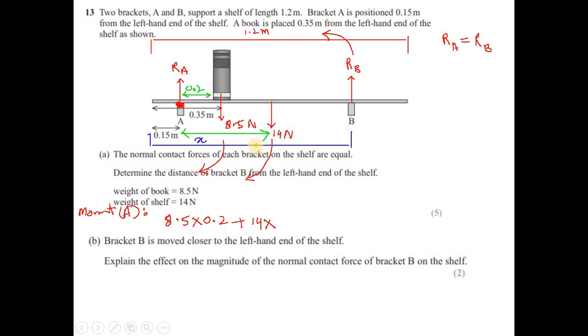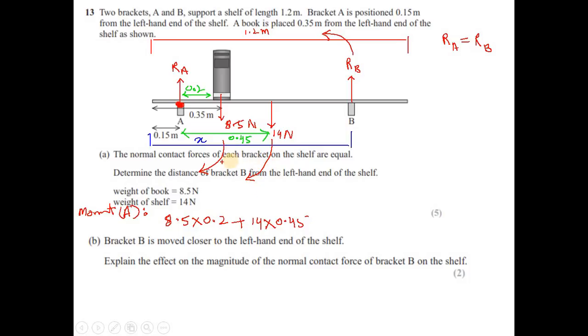And clearly you know that this 14 Newton is acting at the center, and the center distance is 0.6. So 0.6 minus 0.15 gives you 0.45. So you can say that 14 times 0.45.